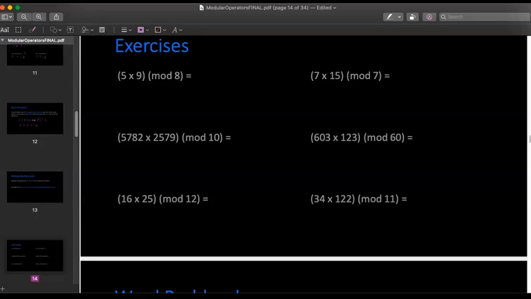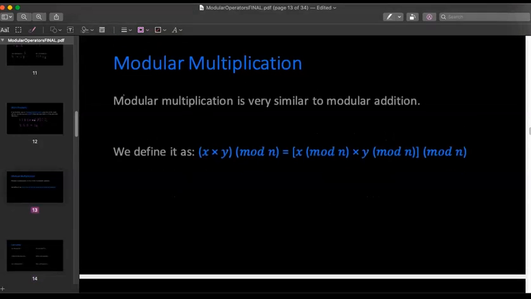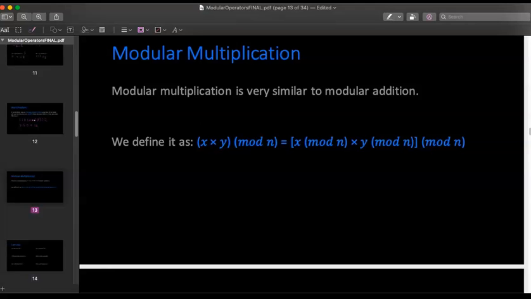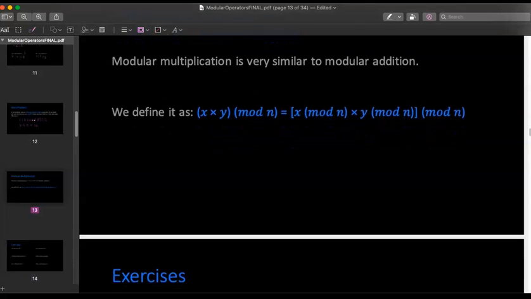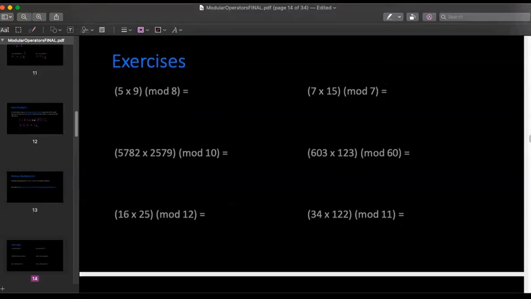So if we multiply, for example, 5 times 9, right? Well, we can use our little formula here, and let's distribute that mod 8 into each of our numbers first. 8 does not go into 5 at all, so that would remain as 5. 8 goes into 9 1 time, and the number left over from that is 1.